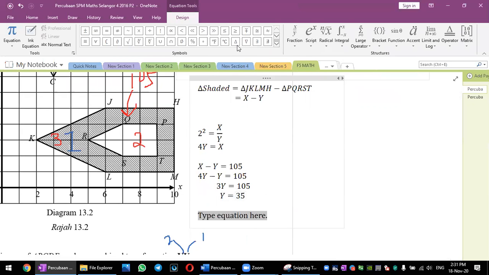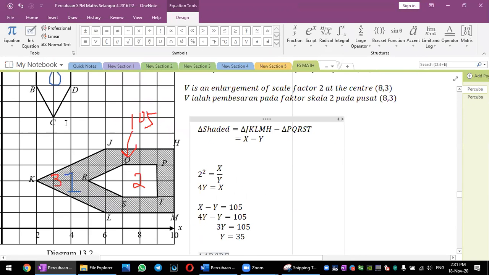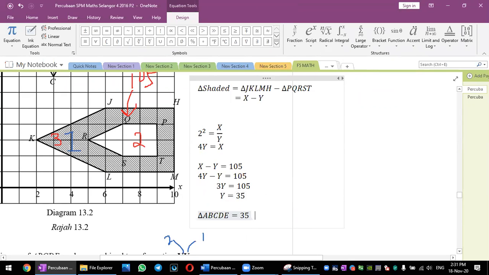So you can say that the area of ABCDE is actually 35 cm square. Okay? Nampak macam susah, actually tak susah. Cuma kamu kena buat equation.